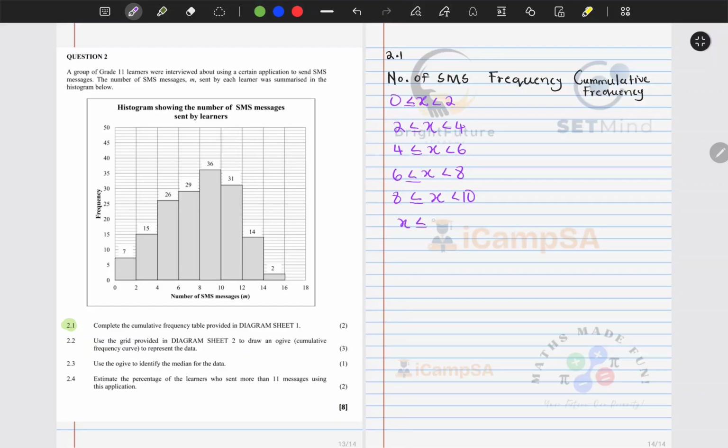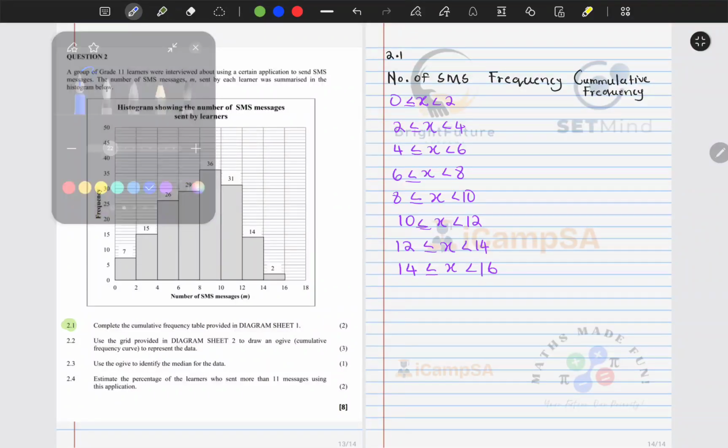Then we'll have x greater than 10 but less than 12. If you look carefully, we need to go up to 16. So we'll have 12 less than x less than 14, then 14 less than x less than 16. That is what we have.